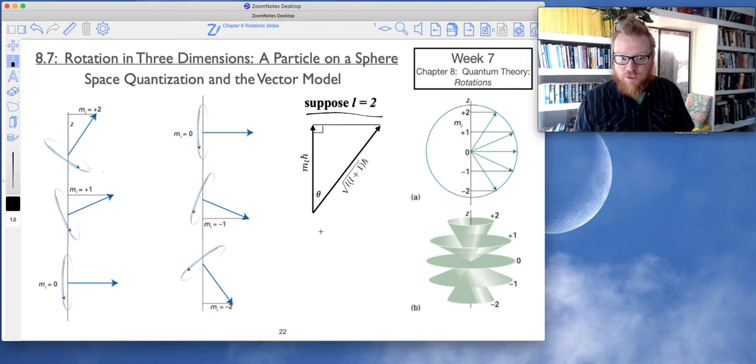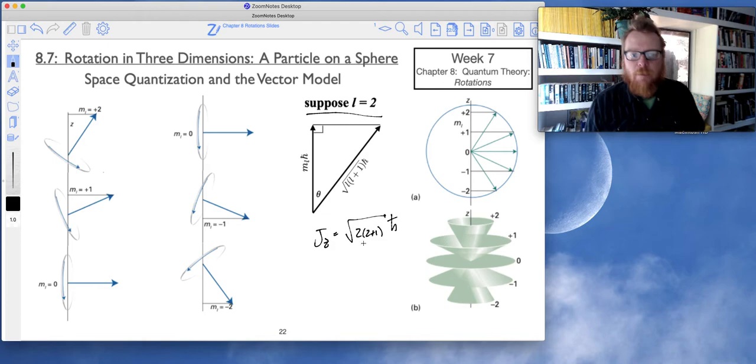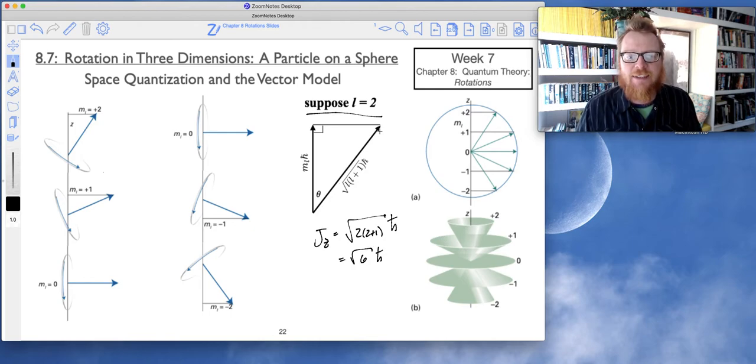So if L is equal to 2, then we know that the angular momentum is given by the square root of 2 times 2 plus 1 times h bar. 2 plus 1 is 3, times 2 is 6. So in other words, all of these lengths will be root 6 h bar.